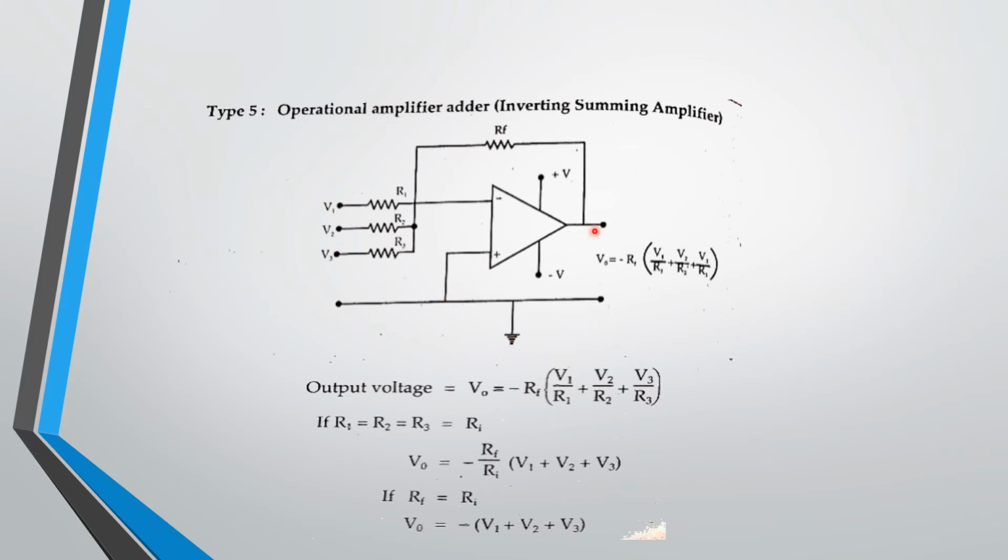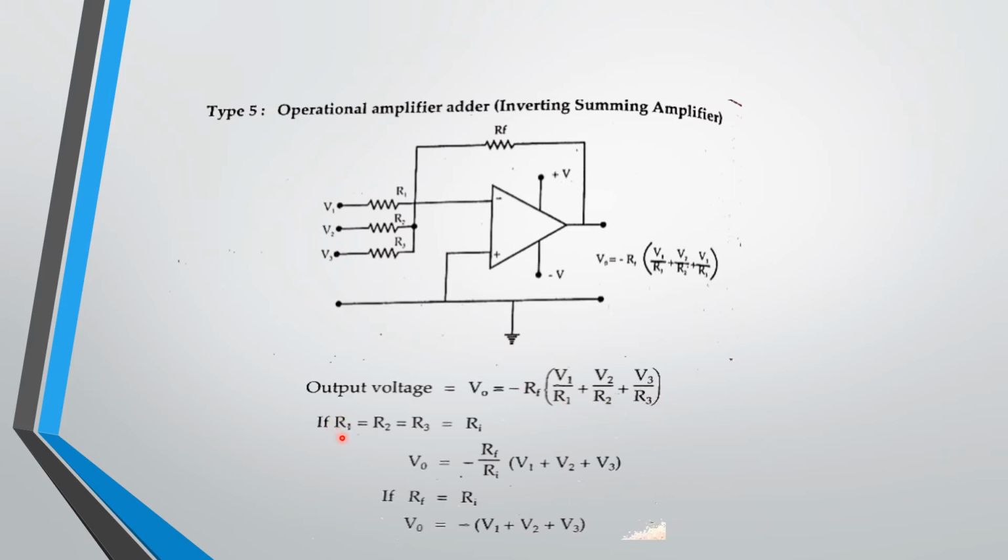To get a stable output voltage, the feedback path is closed with the help of resistor Rf. Here the output observed is minus Rf times (V1 upon R1 plus V2 upon R2 plus V3 upon R3) if the three resistor values are different.